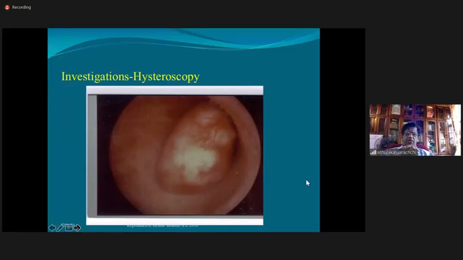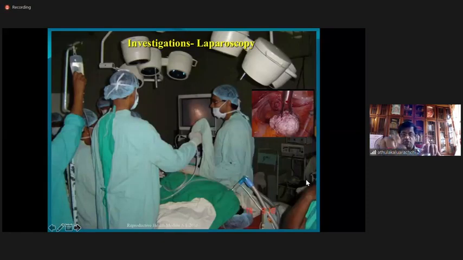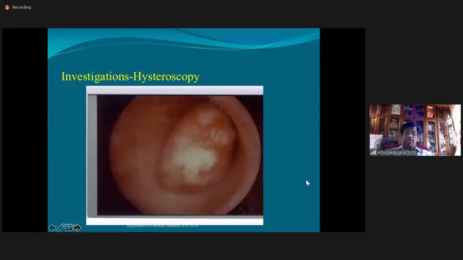a submucous fibroid, it's like what you did with a laparoscopy when you have a fibroid that is in the abdominal cavity. If you have something within the uterine cavity, then of course doing a hysteroscopy, putting a telescope into the uterine cavity and having a direct look certainly helps to sort out where these fibroids are.